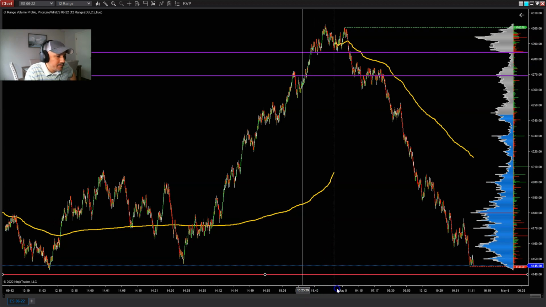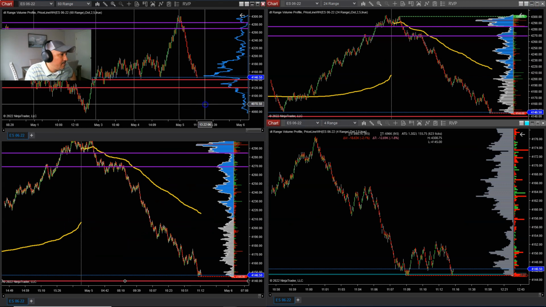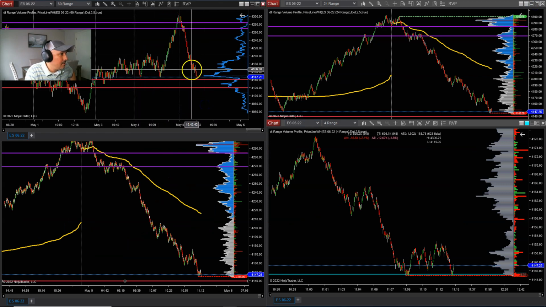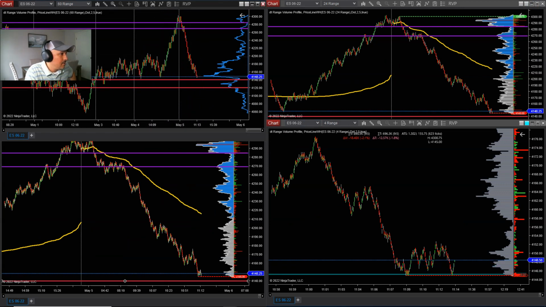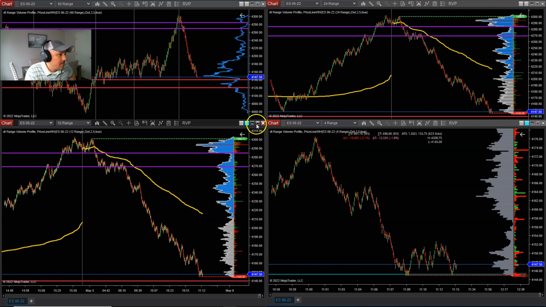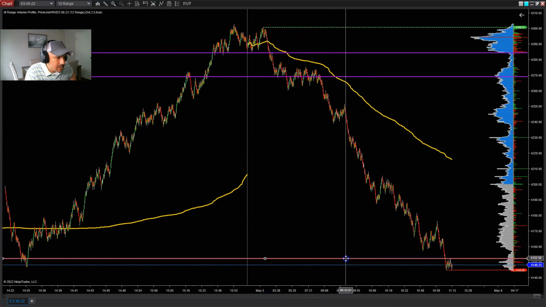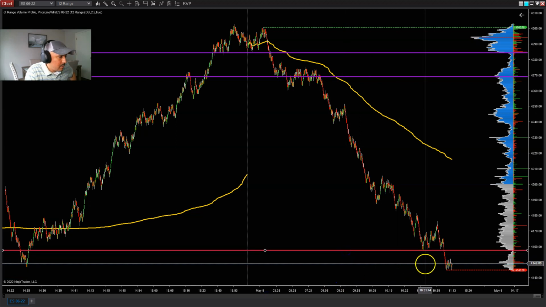Let me see something. Look at the higher time frame. Yeah, but we could push lower, but we could also push all the way back up here right now.